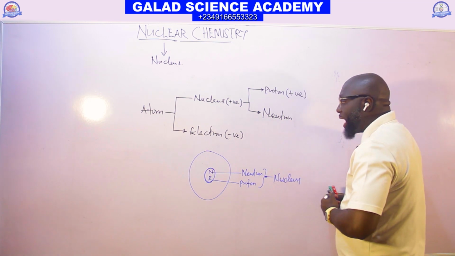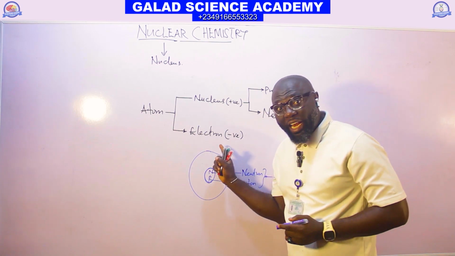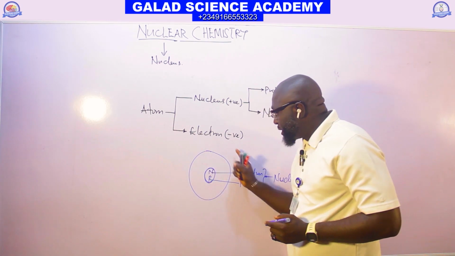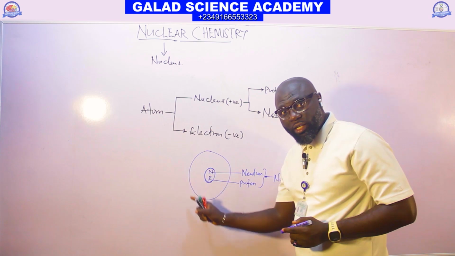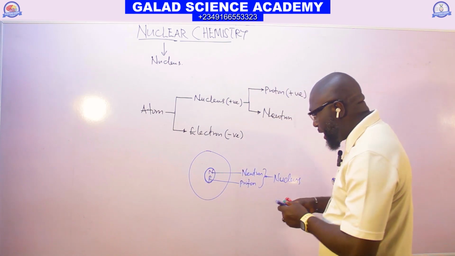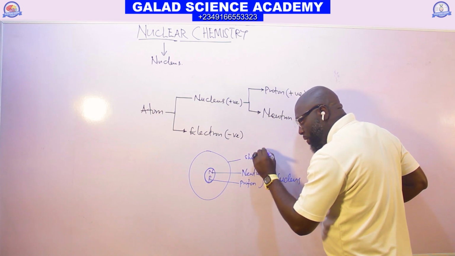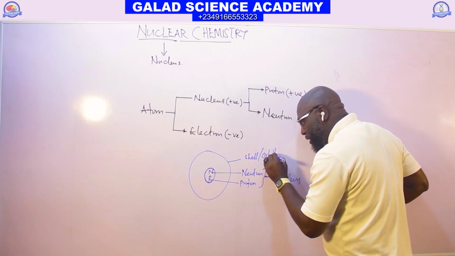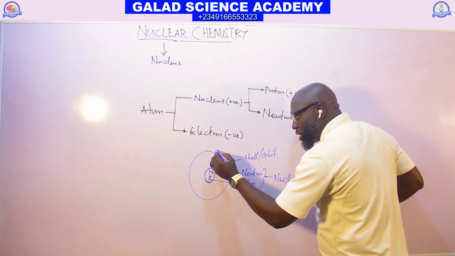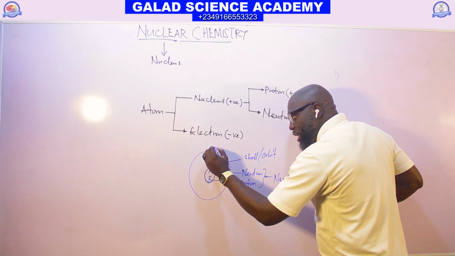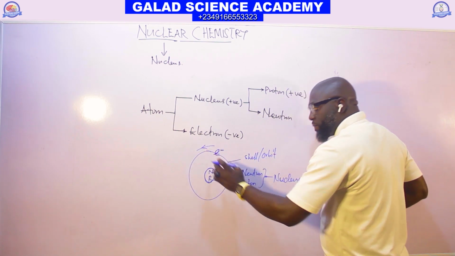And we all know that the electron orbits the nucleus. Here we have what we call the shell, but we can also call it the orbit. The electron E is moving around the orbit.